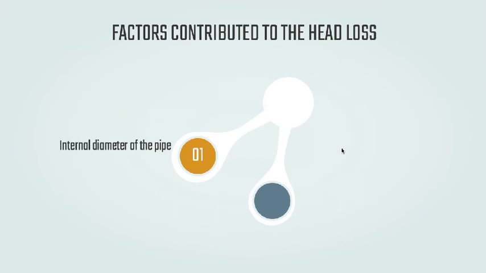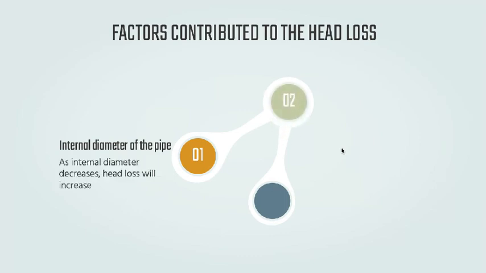The first factor that contributes to the head loss is the internal diameter of the pipe. As internal diameter decreases, head loss will increase. This can be proved by experiment A, where we see that the pipe with a small diameter has a significantly larger head loss compared to the other pipes.